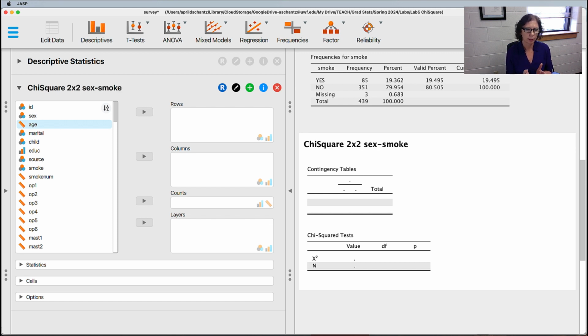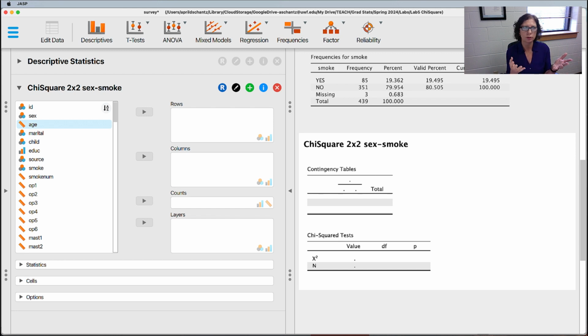Now, what a Chi-Square test for independence does is look at if there is any kind of dependency between these categorical variables. In other words, it looks at the observed frequencies, like how many people indicated male or female or smoking or non-smoking, like the actual observed values, and comparing that to the expected values if there was no association.